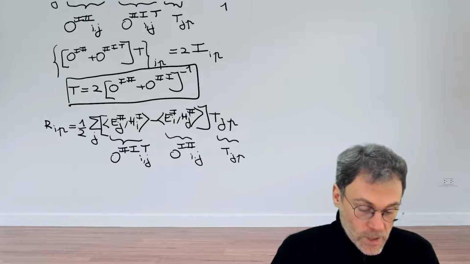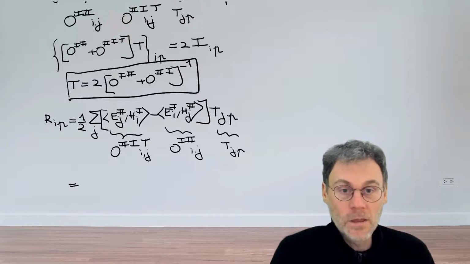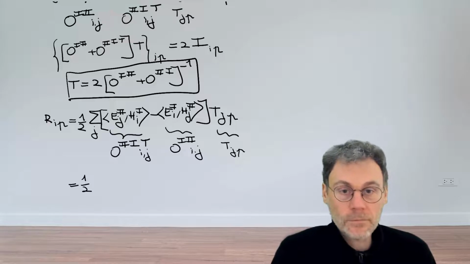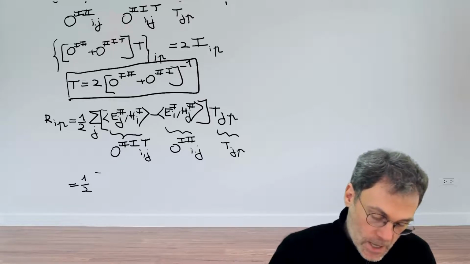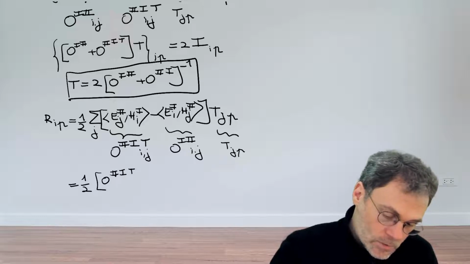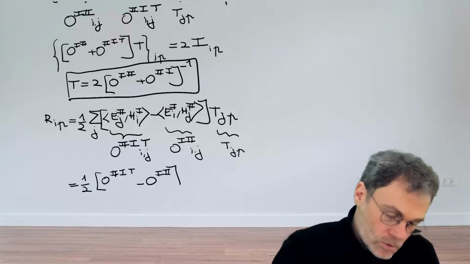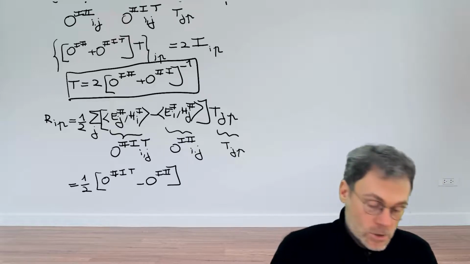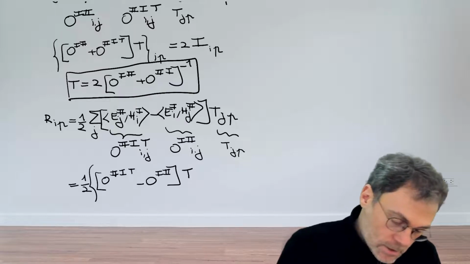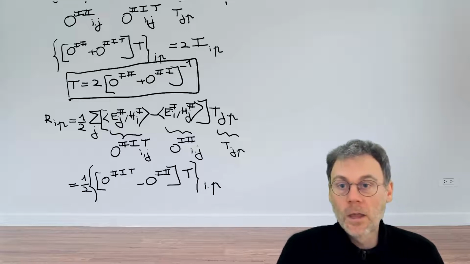So again, we have the product of 2 matrices going on, and then looking at the ipth element of the result. So this is 1/2, and then we have a matrix overlap 2, 1 transpose minus overlap 1, 2, taking the product with the transmission matrix, and we're looking at the ipth element of that matrix.